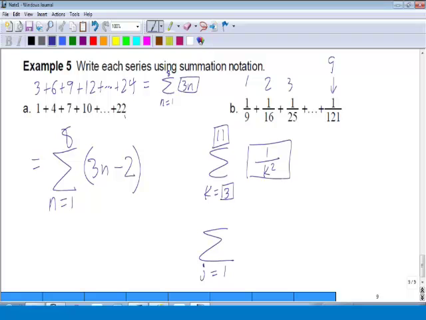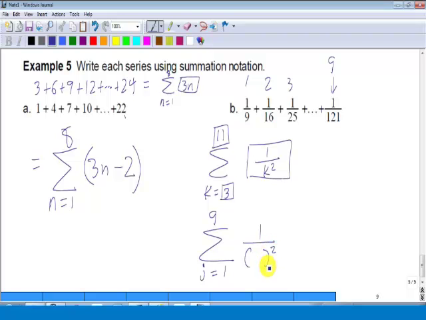So if instead of using k, going from 3 to 11, we could use j and go from 1 to 9, since there are 9 terms, it looks like. Well, those 9 terms, 1 over, well, when we put in 1, we need to get 9 in the denominator. So how can we do this?